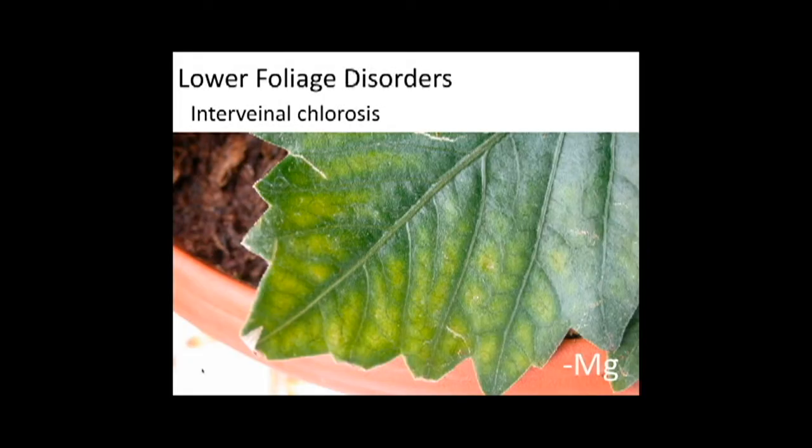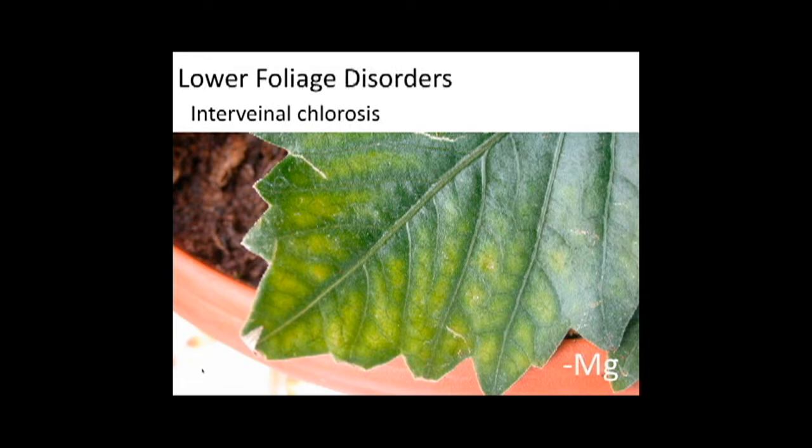To shift gears, another common situation, especially in the southeast, where we don't have limestone bedrock, is magnesium deficiency. We don't have alkalinity in a lot of the southeastern part of the U.S. Without being over limestone, we don't get calcium in the water, but we also don't naturally get magnesium. So we run into this situation quite a bit down here, whereas when I used to be in the Midwest, we didn't see magnesium deficiencies so often. So what are we looking at?